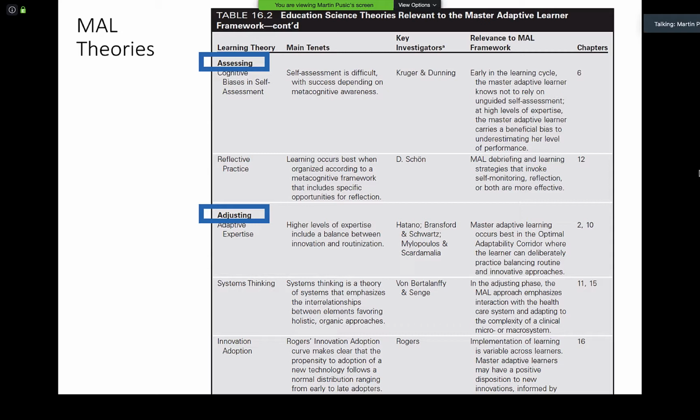And then the adjusting phase, in which we would use adaptive expertise to influence our organizations and get our organizations to think about systems to improve the learning of each of the individuals, and so ideas around systems thinking and the Rogers innovation curve is what fits in there.